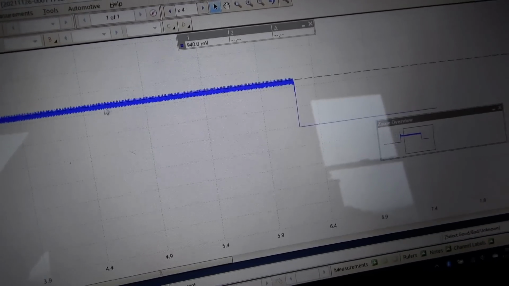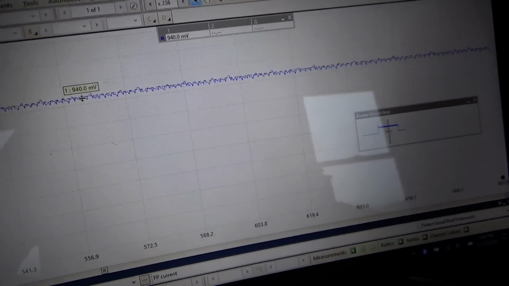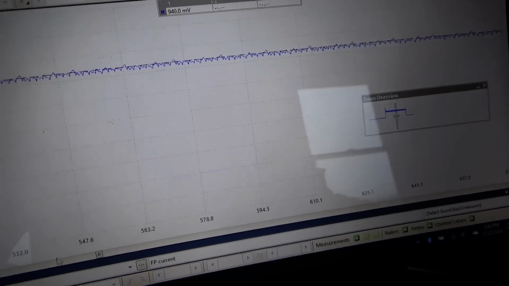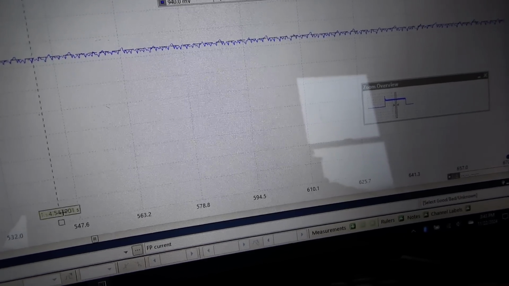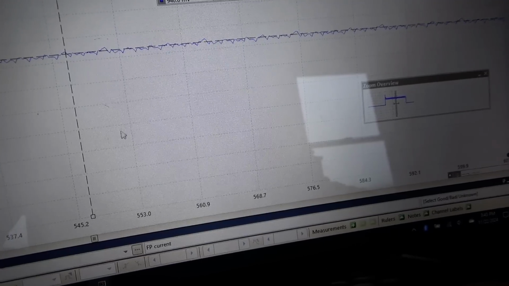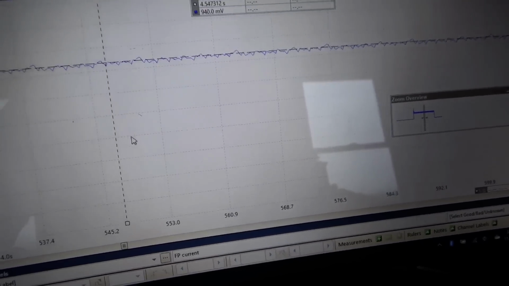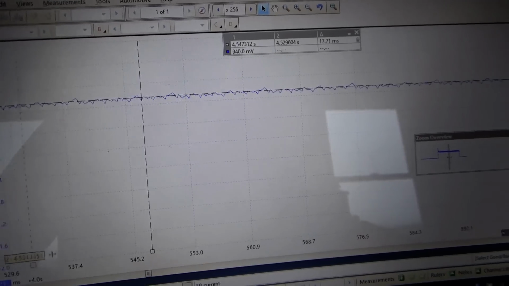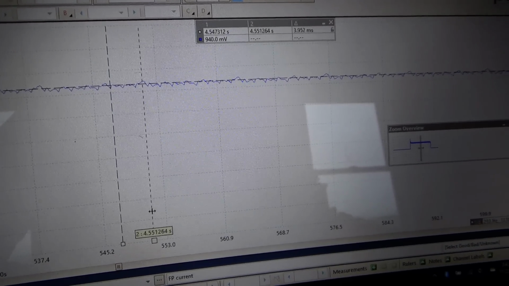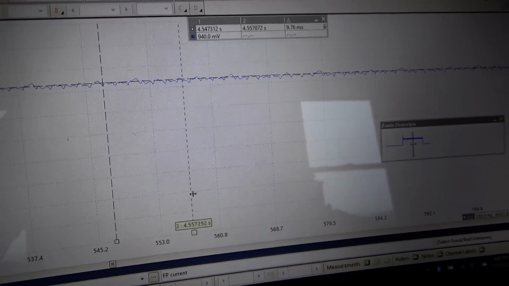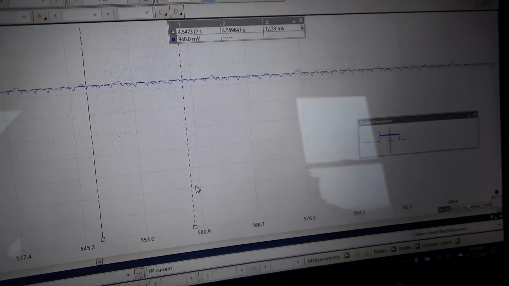And let's take a look at the RPMs here. Get our cursors. Now it's a little difficult to pick out 8 segments here, but I'll do my best. 1, 2, 3, 4, 5, 6, 7, 8. 4,800 RPM.